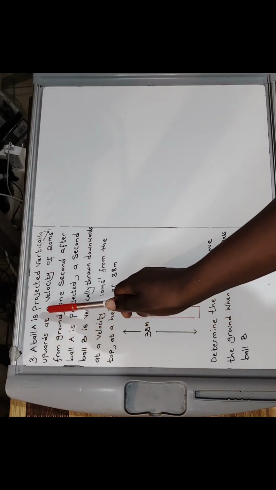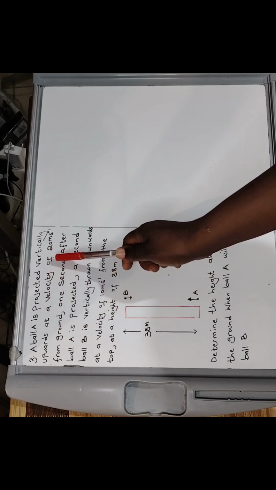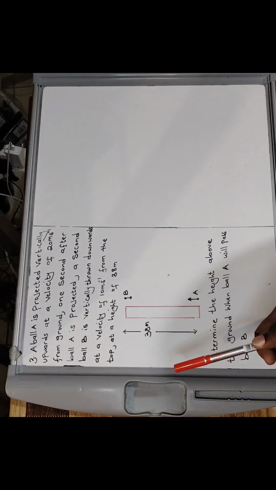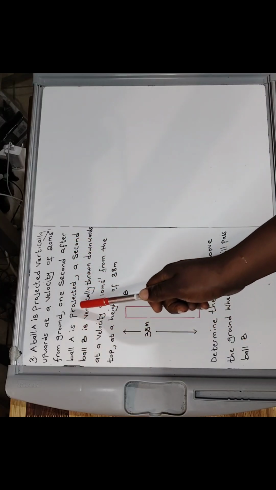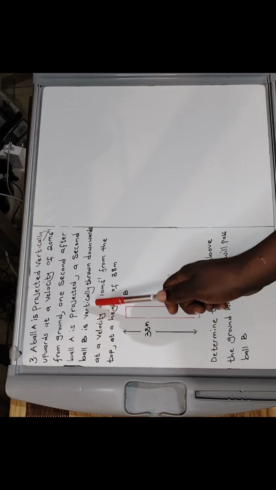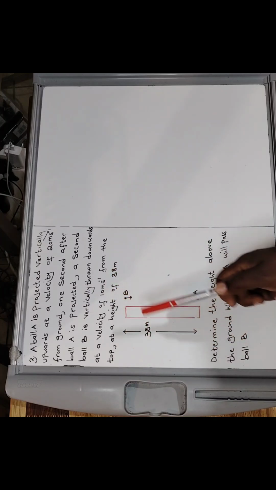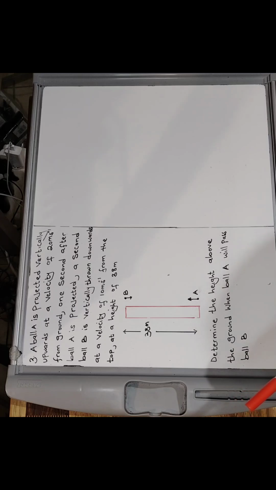Now, we are looking at this question today. It comes from vertical projection, and the statement reads that a ball A is projected vertically upwards at a velocity of 20 meters per second from ground. 1 second after ball A is projected, a second ball B is vertically thrown downwards at a velocity of 10 meters per second from the top at a height of 38 meters.